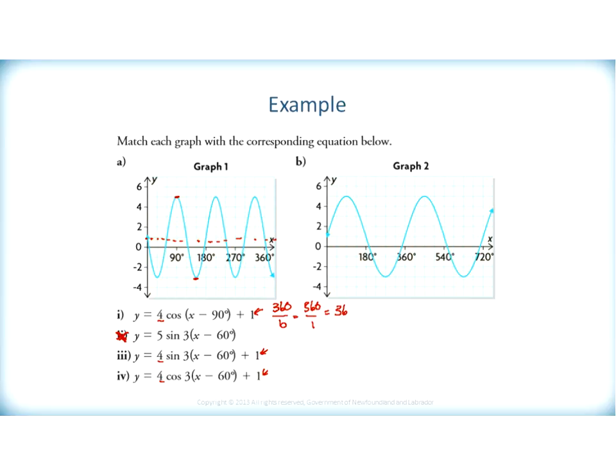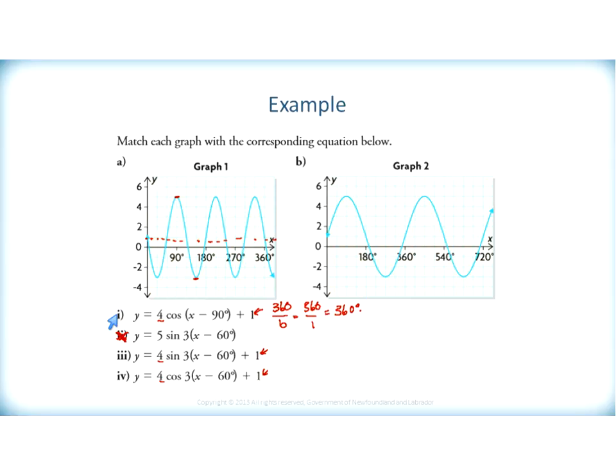So the period of the first function will be 360 degrees. Yet the function in the graph, to go from 90 to 210, would not be 360 degrees. So I know it's not the first one.